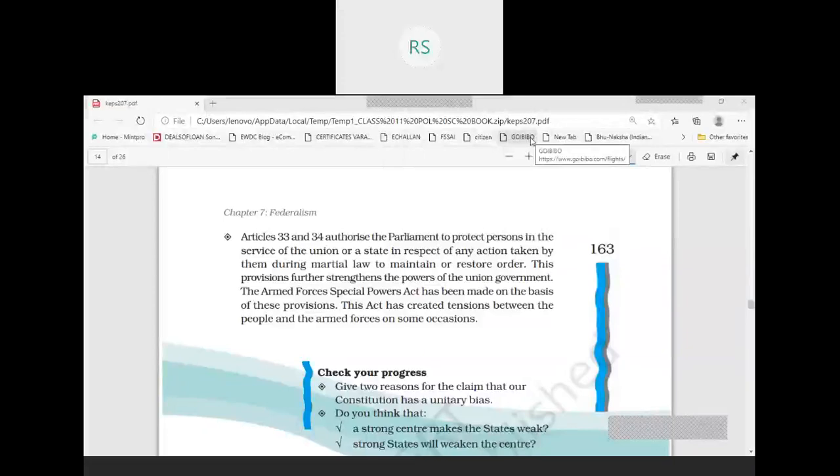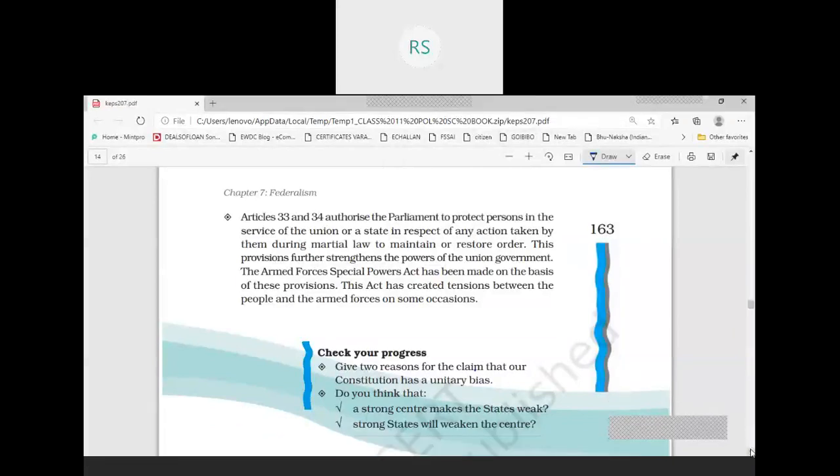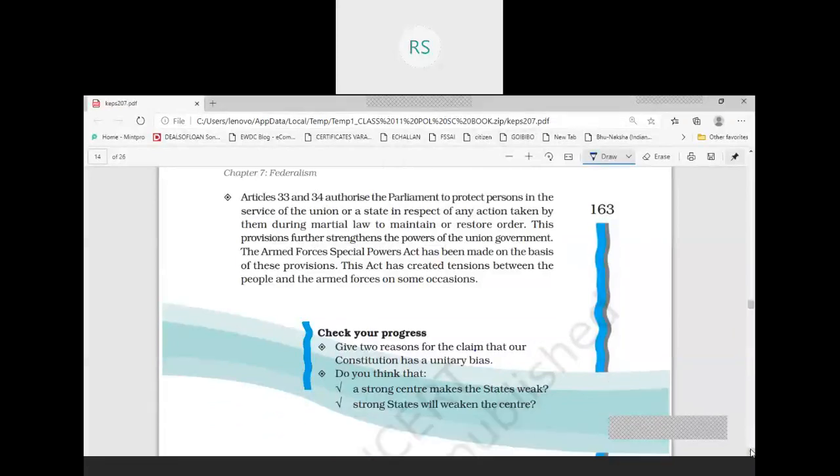Article 33 gives power to the Parliament to restrict the application of the fundamental rights of the armed forces, the paramilitary forces, and police, etc. So it is the power of the parliament. It can legislate in order to execute this Article 33.